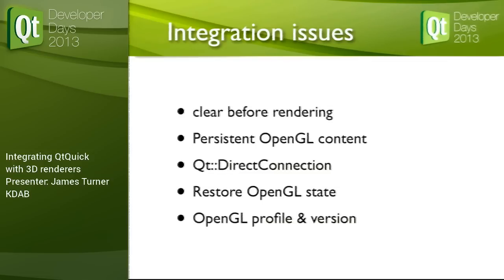So the OpenGL context we're using was created inside QtQuick window, and we don't have much control over it at this level. So its surface format was created by QtQuick window, and therefore its OpenGL profile, core or compatibility, its OpenGL version, and all its buffer size settings, stenciling, stereo, all those features we can't control.